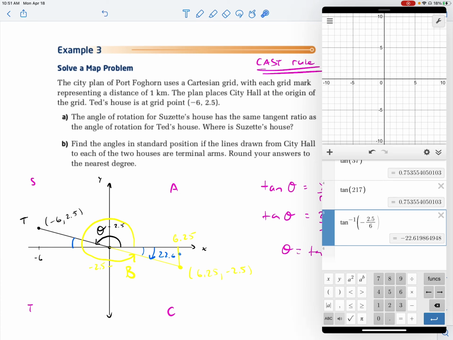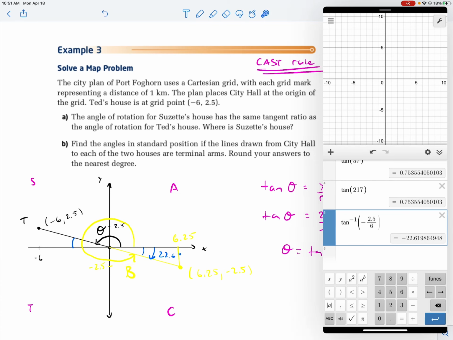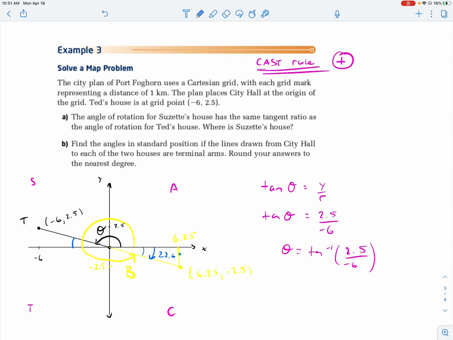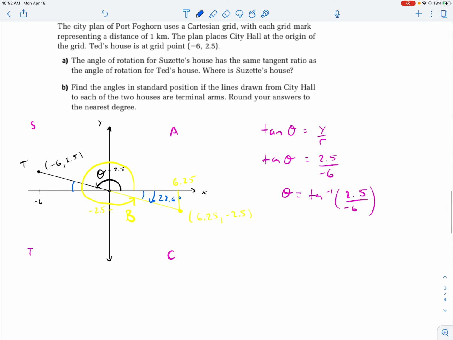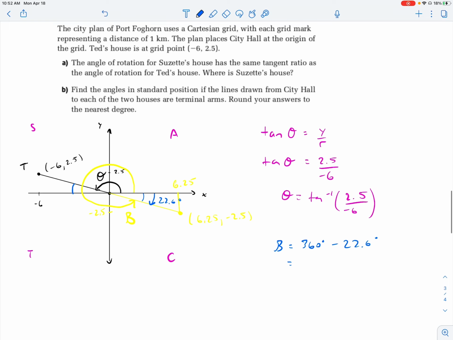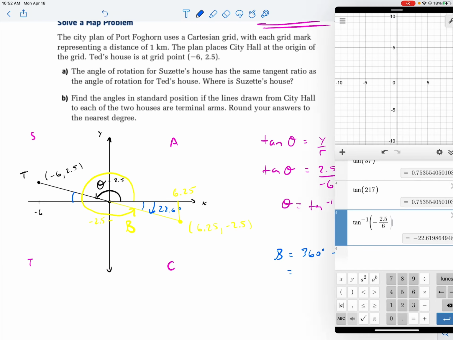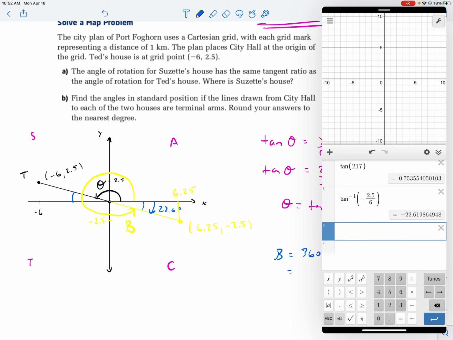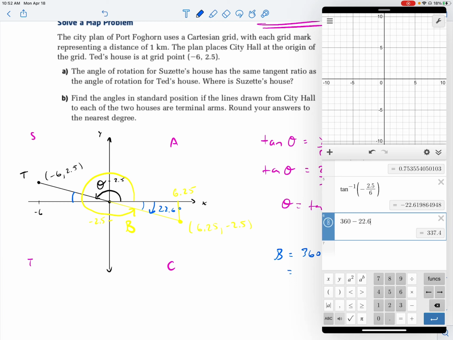Beta is going to have to be 360 minus the 22.6. So beta equals 360 minus 22.6 degrees. Let's do that right here: 360 minus 22.6, I'll grab a couple other digits, 918. We get 337.38.